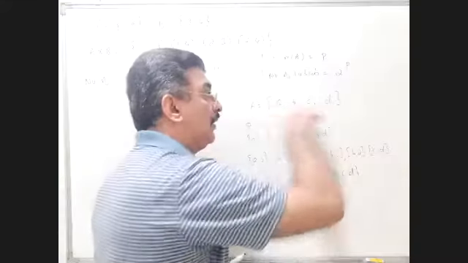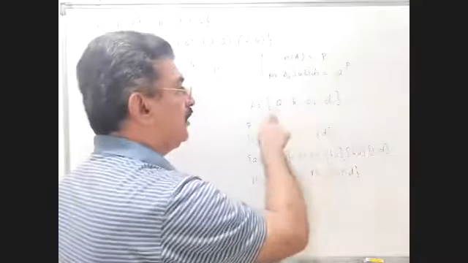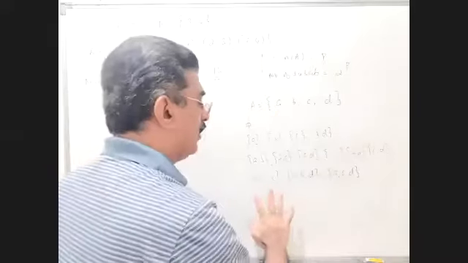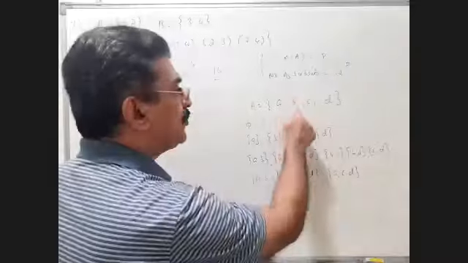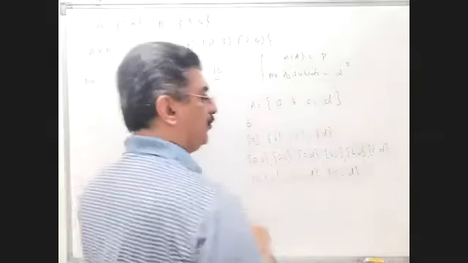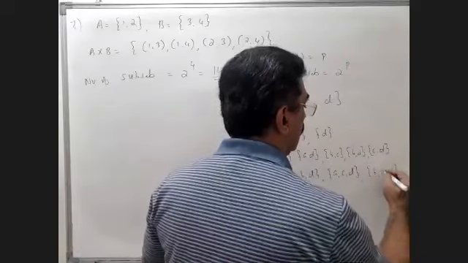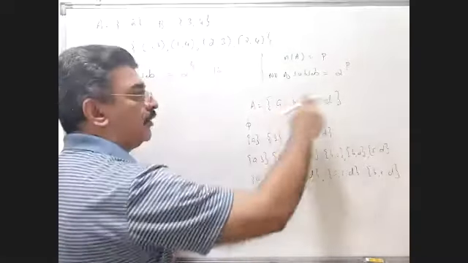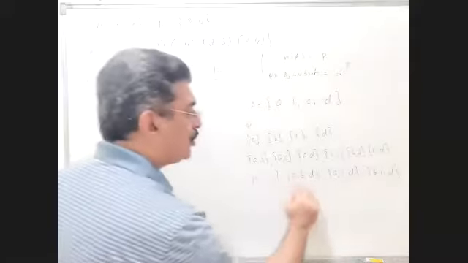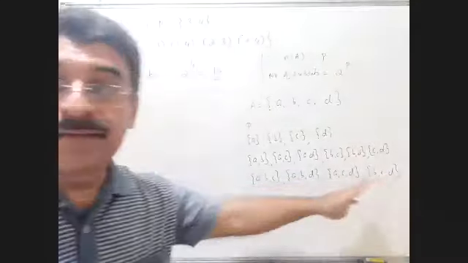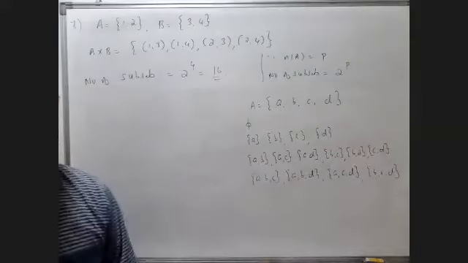So ABC, ABD, then ACD. Starting with A, we have just 3 of them. Now starting with B, only forward, BCD. So 4 sets are there with 3 elements.